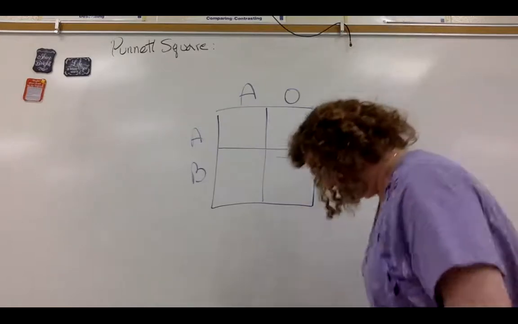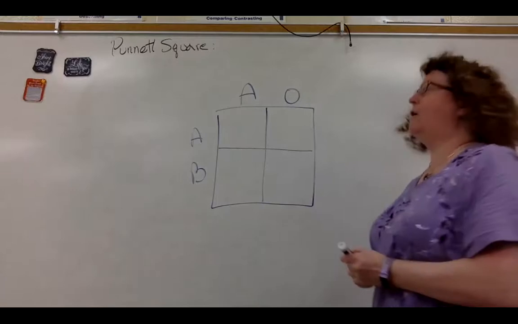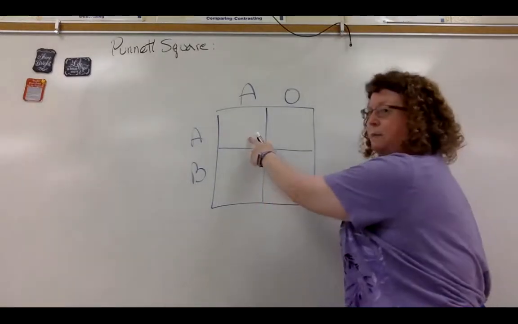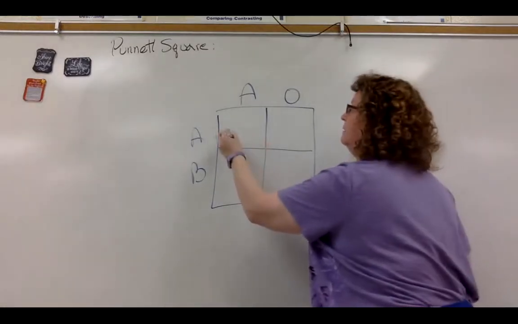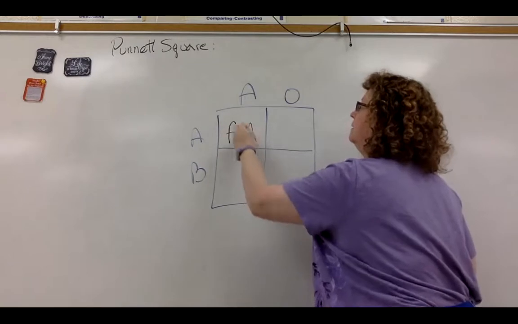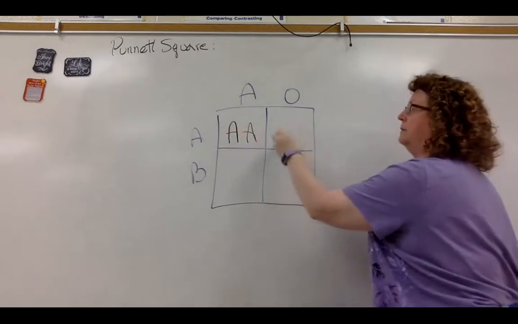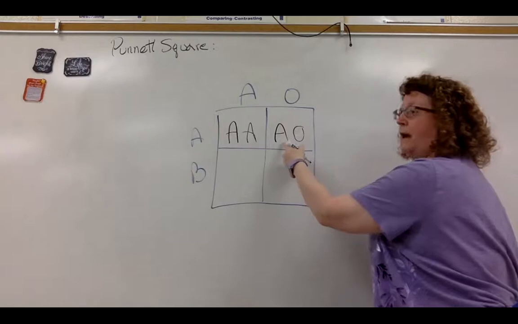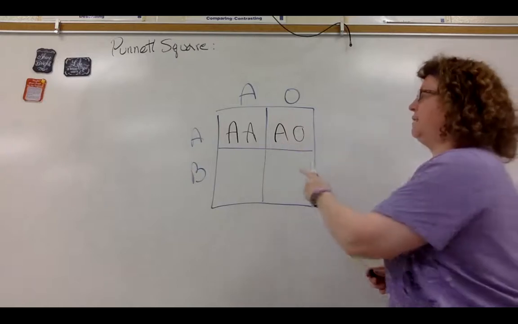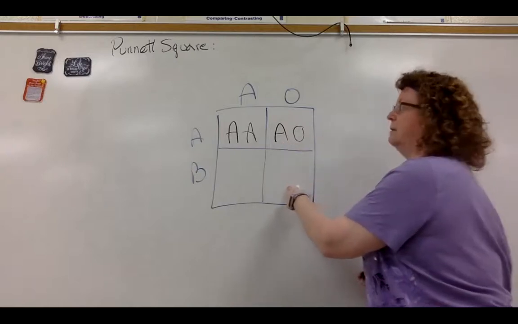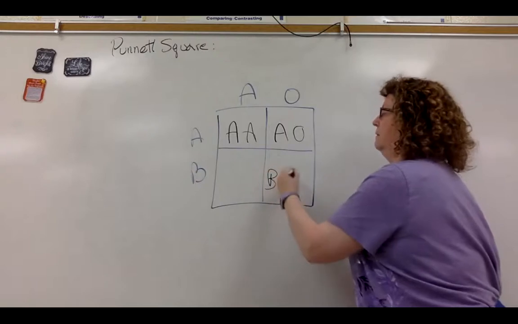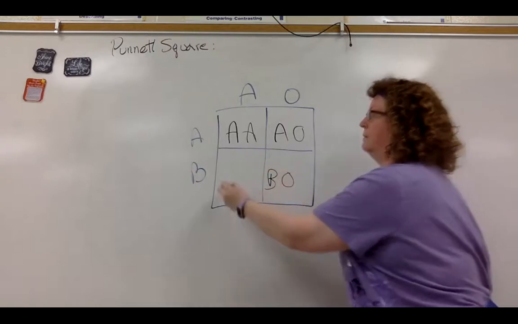So let's look at what these are. So what goes in this box? This one. And remember the A goes first because it comes first in the alphabet. This box. And this box.